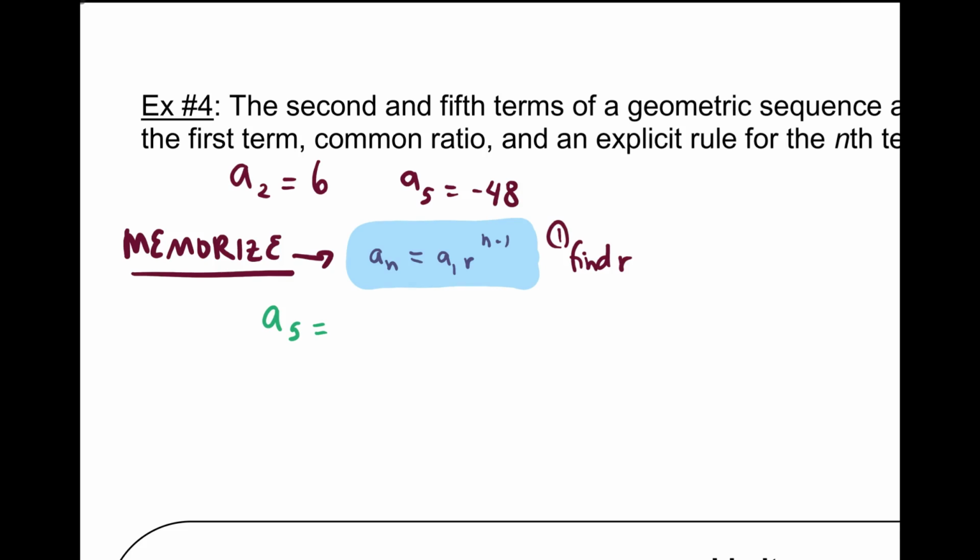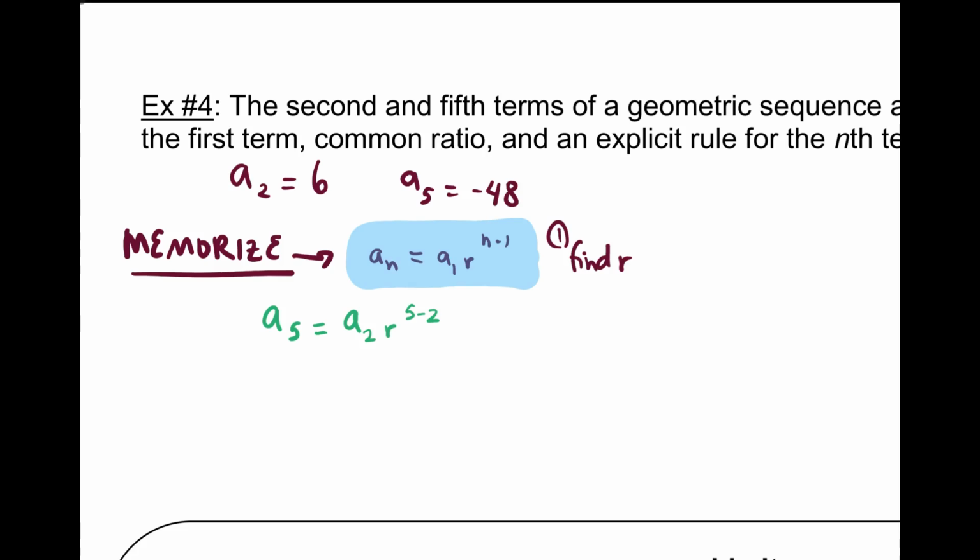A of 5 equals a of 2 times r to the 5 minus 2. Since it's geometric, to get from the second term to the fifth, I multiply by the ratio once to get to the third, again to get to the fourth, and again to get to the fifth.